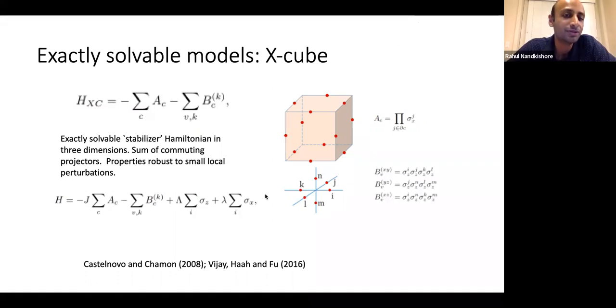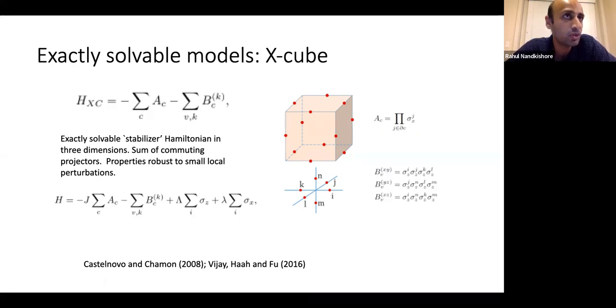Okay, so it's always easiest to illustrate by example, and the simplest example I know of a fracton phase is a model that's called Xcube. Now, I should caution from the outset that this model is very baroque. It's not something you would expect to be a realistic model of any material. But the nice thing about this model is it's exactly solvable, so you can make exact statements and there's nothing to argue about.